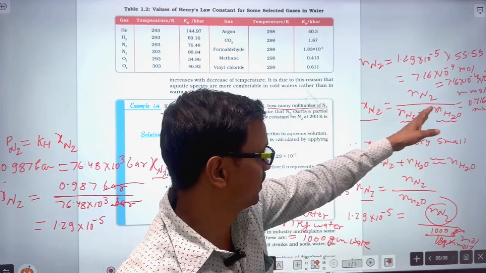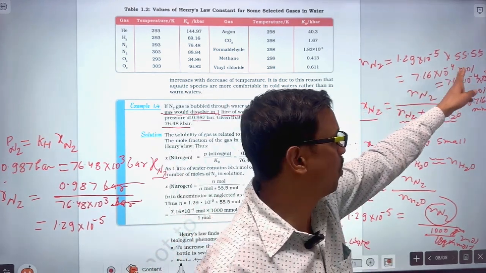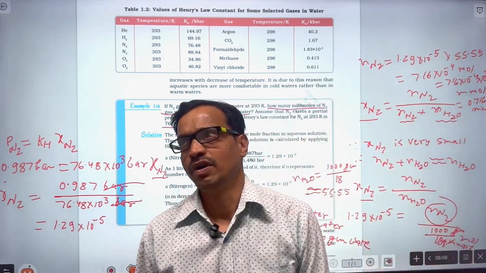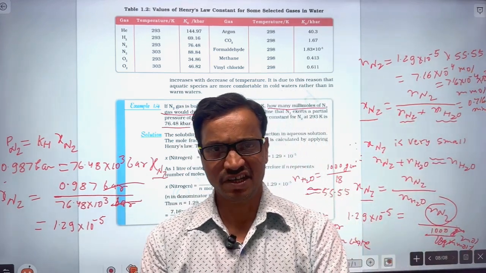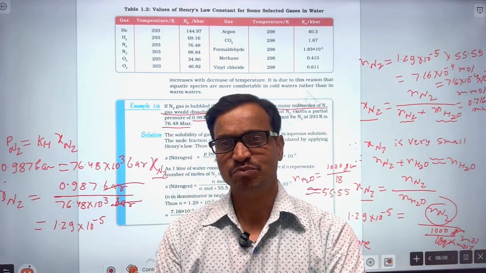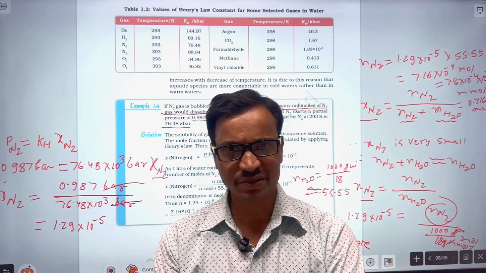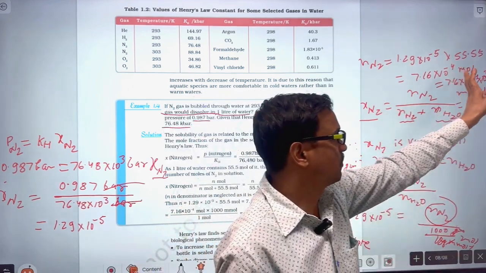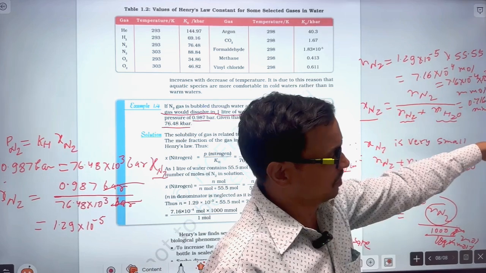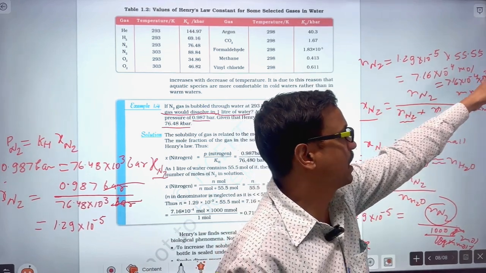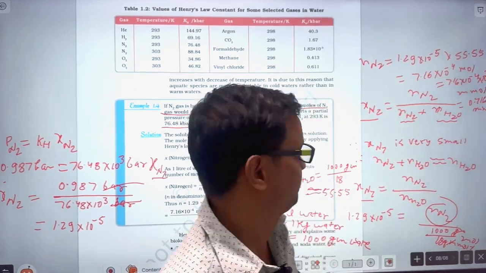In the same way, here mole is a larger unit and millimole is a smaller unit. That's why to convert mole into millimole, you have to multiply by 10 raised to the power 3.